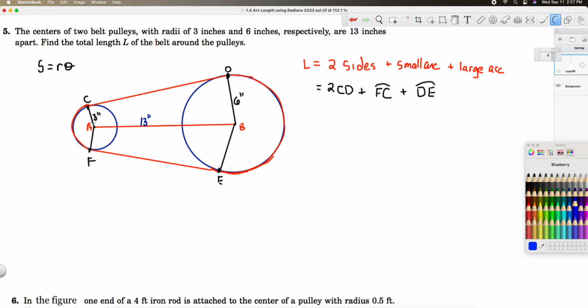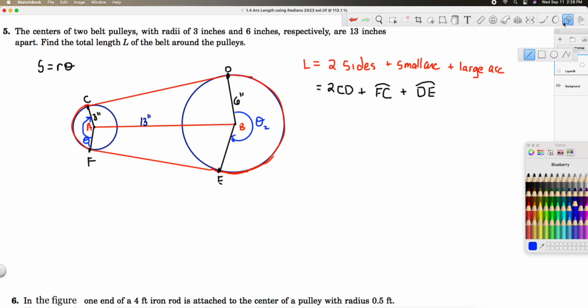I don't know this angle here, theta, maybe theta 1, and I don't know this angle here. Sorry, I did the wrong angle on this one. Let's back up. This angle is theta 1. And then this angle, we can call that theta 2.